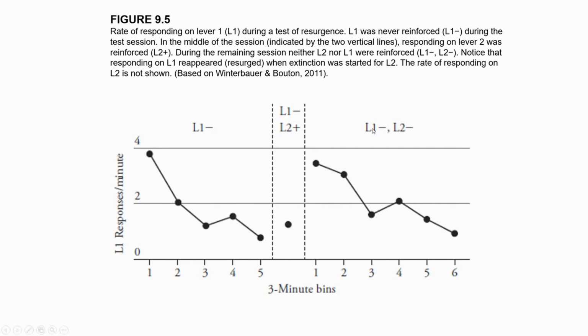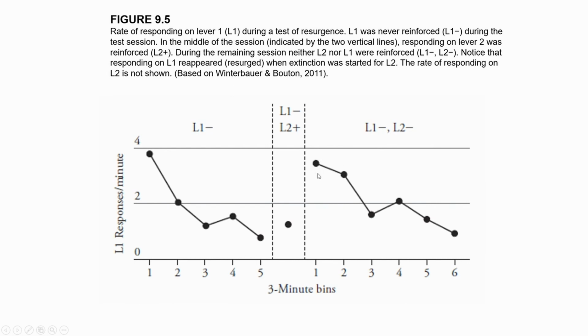Then we enter stage 3, where lever 2 is now put on extinction. In phase 1 and phase 2, lever 1 never gave reinforcement, so rates of responding stayed fairly low. But when we started to put lever 2 through extinction, the rats tried a different behavior. They went back to pressing lever 1. So our rates of responding went back up again.